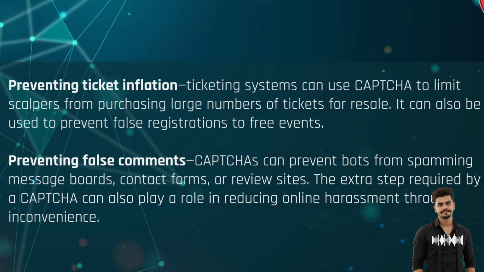Next, preventing false comments. CAPTCHAs can prevent bots from spamming message boards, contact forms, or review sites. The extra step required by a CAPTCHA can also play a role in reducing online harassment.